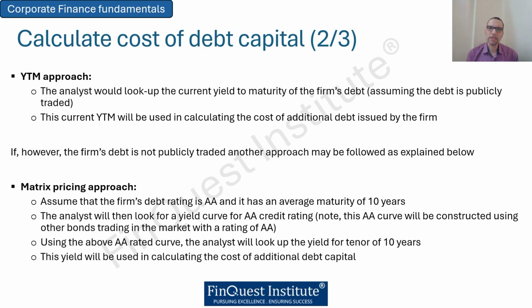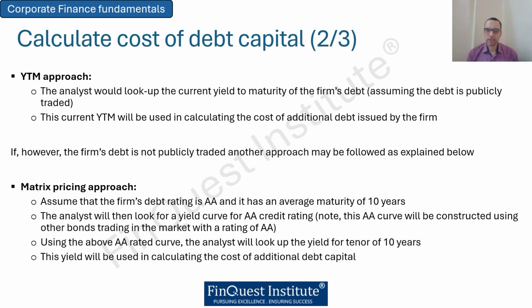This current YTM will be used in calculating the cost of additional debt which the firm needs to issue. So this is the simple YTM approach, provided you have bonds which are actively traded in the market. However, it can so happen that the company's debt may not be publicly traded, or maybe the company is going for a debt raising for the very first time, so there are no publicly traded bonds in its name.